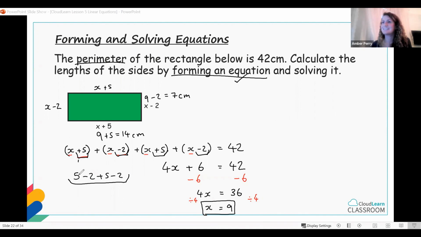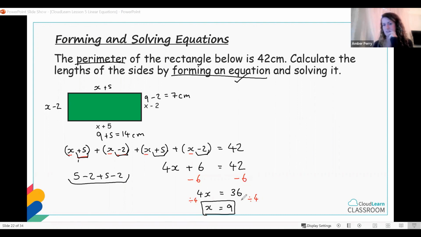I've got a question. How did you get 9? Did you divide? Because weren't we supposed to isolate the 4x and then take the 6 over to the other side, where you'd have 42 minus 6? Yes. Which would be 36.